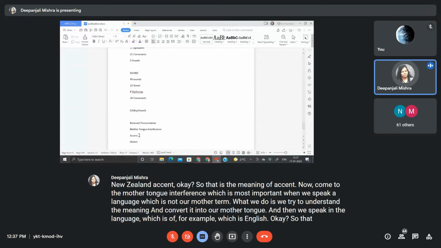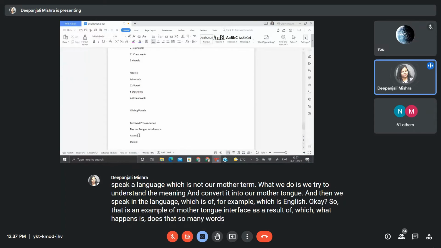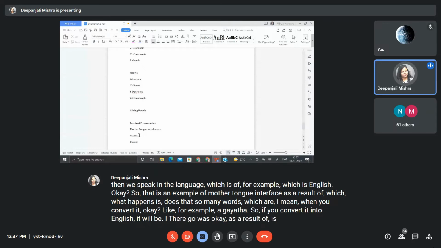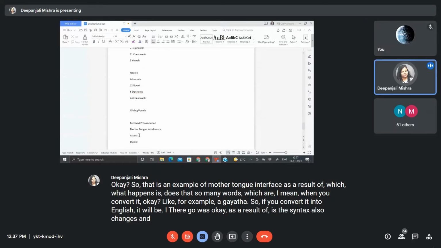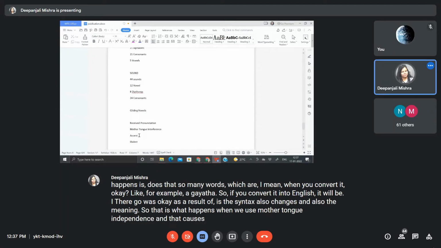That is an example of mother tongue interference, as a result of which there are so many words that change when you convert them. For example, "मैं वहां गया था", if you convert it into English, it will be "I there go was". As a result, the syntax also changes and also the meaning. That is what happens with mother tongue interference, and that causes miscommunication also. So that is the meaning of mother tongue interference.